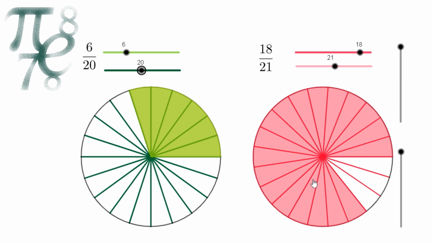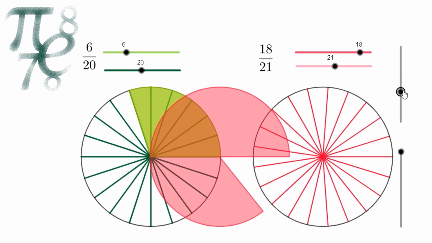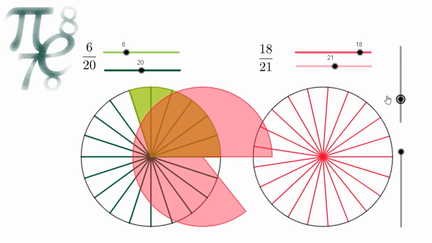Another example. The red circle has 21 parts and it has 18 shaded parts. And the green circle has 20 parts and it has 6 shaded parts. Are the ratios equivalent? As you can see, this is not happening.